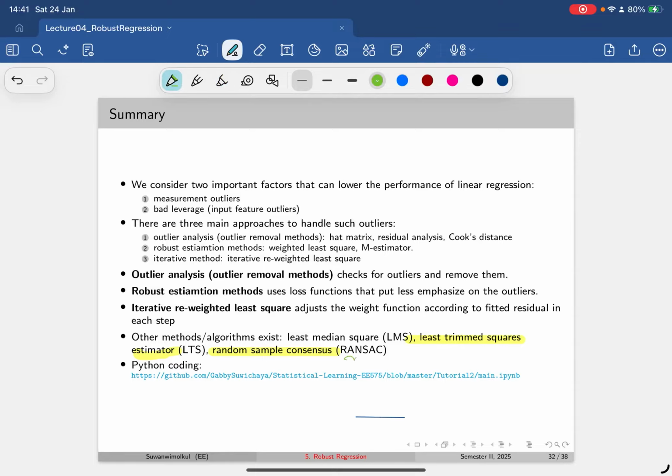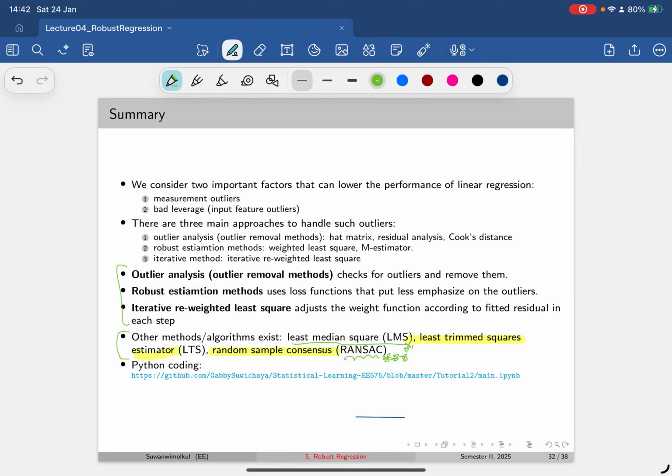These are actually still being used in many applications, and usually they are used to cut off those outliers based on the overall population. Least median square is another one, and I roughly remember it is similar to LAD, least absolute deviation. Maybe just have a look at them a little bit, but these will not be in your exam. Just know that beyond whatever we just learned, there are others.